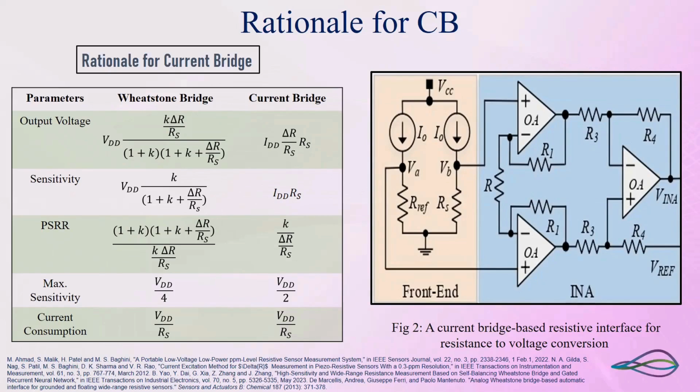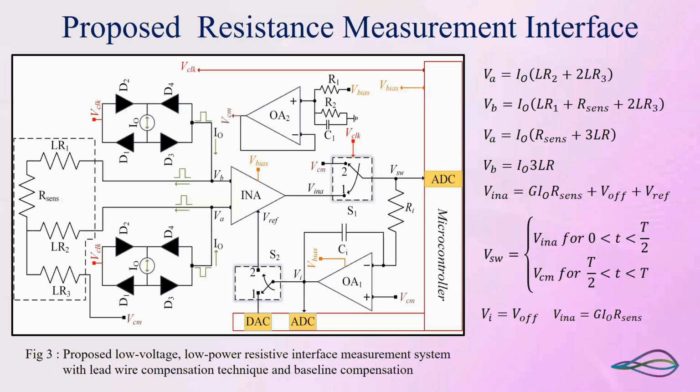And since there are only 2 passive components involved, the PSRR increases, you get a better sensitivity, the linearity increases, and at the same time, this all happens at the same power consumption. So without increasing any power budget, you get better performance for the same circuit. And then it is followed by the conventional gain amplifier. So this is the measurement circuit that we are proposing.